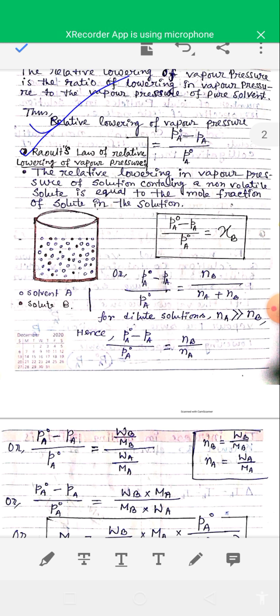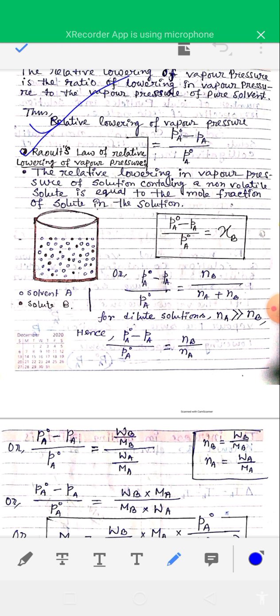Okay, and now you know number of moles means mass by molecular weight. Mass is represented by W, and molecular weight is represented by M. So Nb means Wb by capital Mb, and Na means Wa by capital Ma, where Wa is the weight of solvent in the solution and Ma is the molecular weight of the solvent, and Wb is the weight of solute in the solution, and Mb is the molecular weight of the solute in the solution.